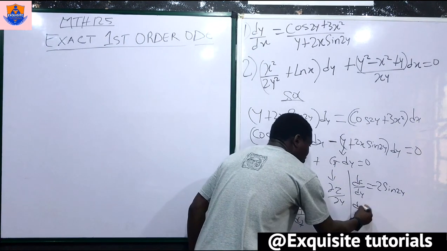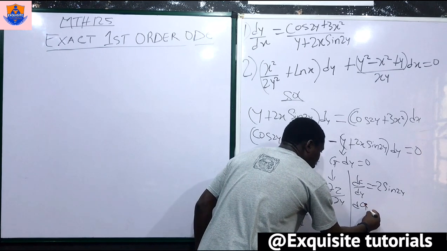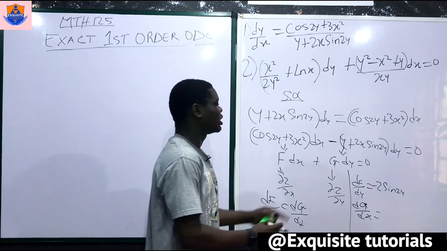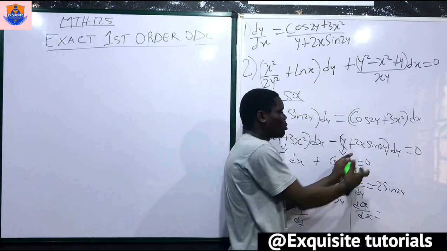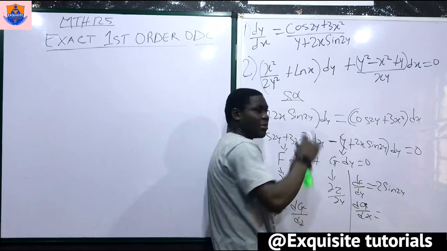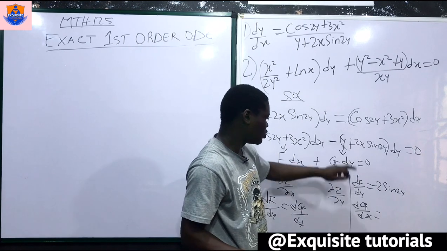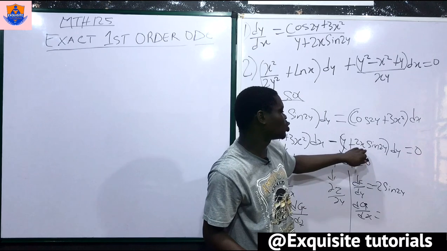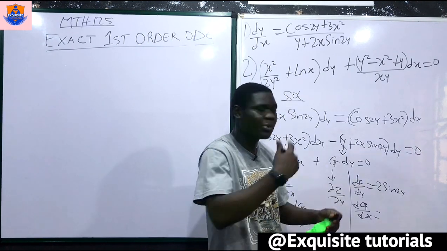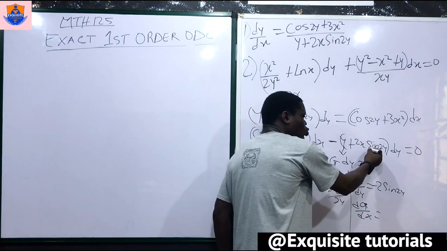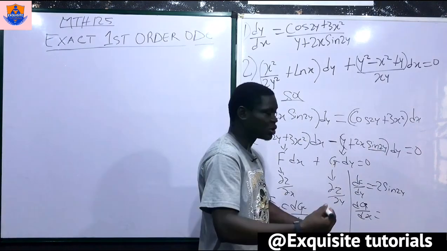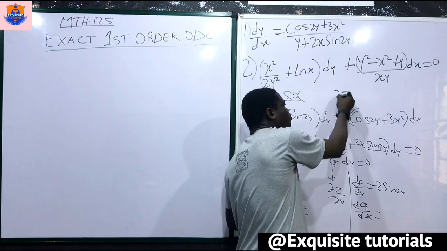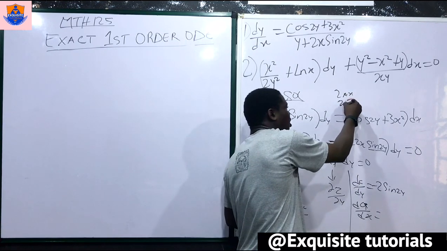Then when I differentiate g with respect to x, now this g is minus everything here, but let me work with this part first before I put the minus. Now when I differentiate y with respect to x, y is just a constant, so it's 0. When I differentiate 2x sine 2y with respect to x, this sine 2y becomes a constant, so I'll have 2 times this, because when I have 2ax, I differentiate with respect to x, I'll have 2a.